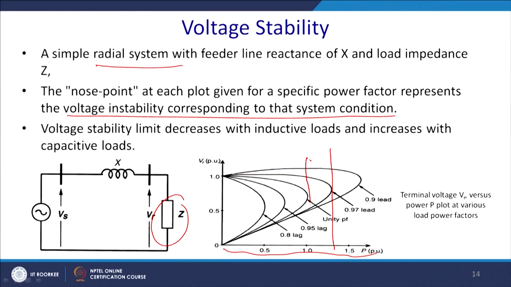But if you transfer to the leading power factor, from this point onward, it is capacitive, and you will find that voltage regulation is better. So, this is understandable that putting a shunt device in a reactive mode, in a capacitive mode, can help to restore or regulate the voltage in the sending end better.